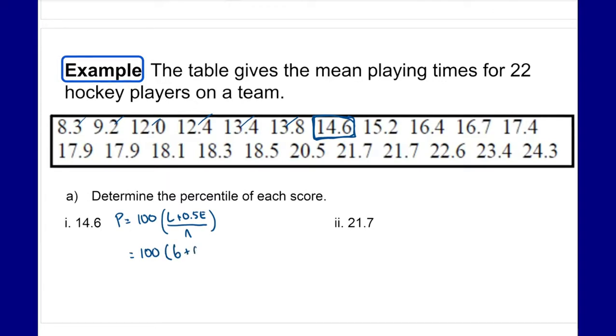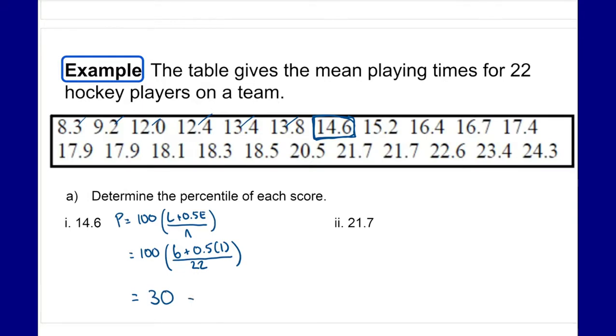So 6 plus 0.5. Now how many scores are equal to that? In this case, there's only one that's equal, the one that we have. We divide all of that by 22, which is the total number of scores. In this case, we should get 30.